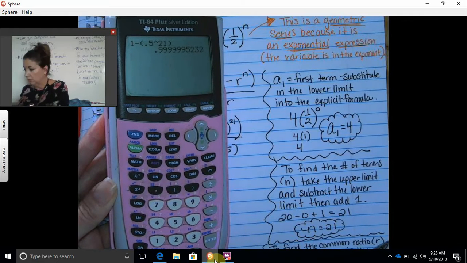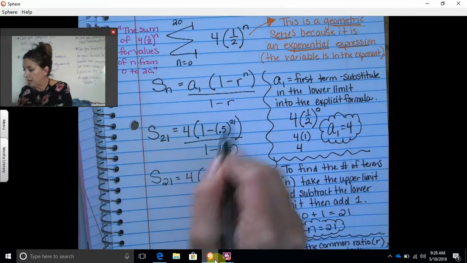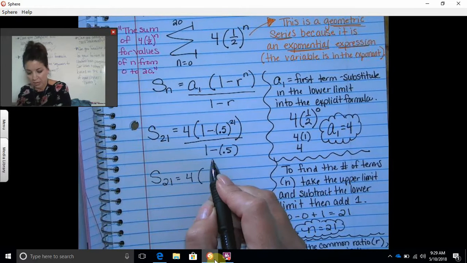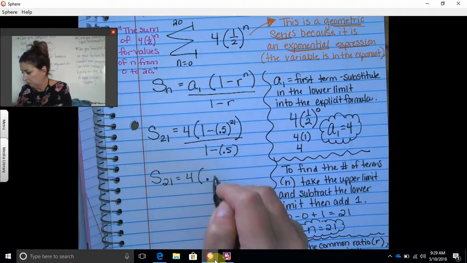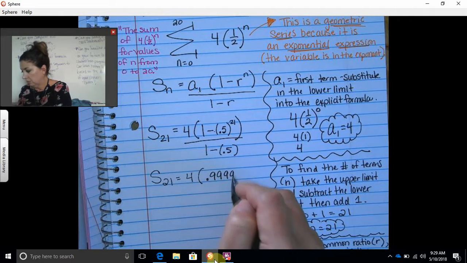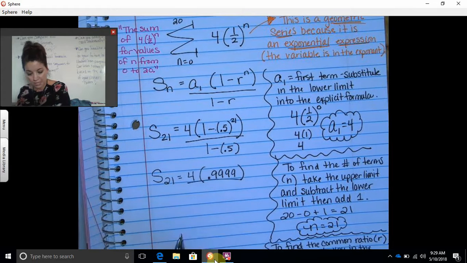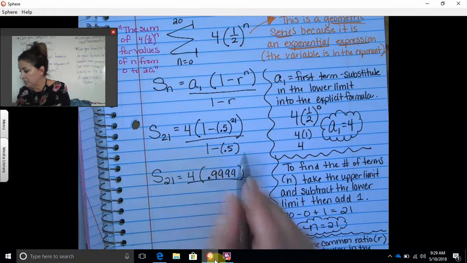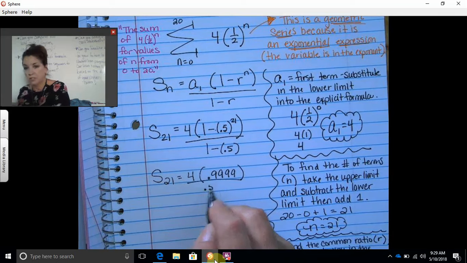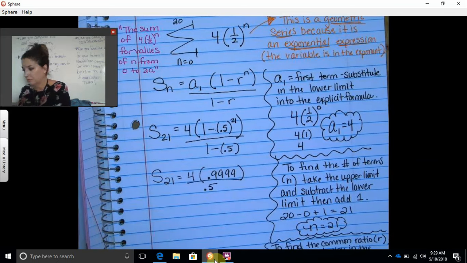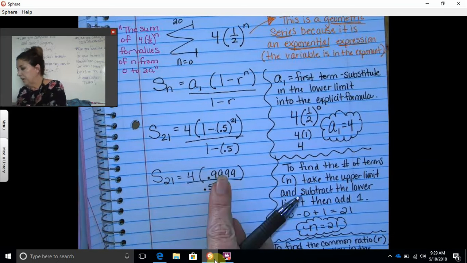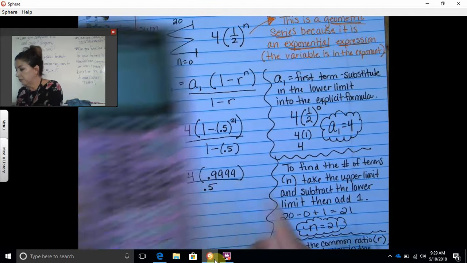So 1 minus 0.5 raised to the 21st power over 1 minus 0.5, that's like 1 minus 50 cents is 50 cents or 0.5. I'm going to leave that in my calculator and multiply times 4.